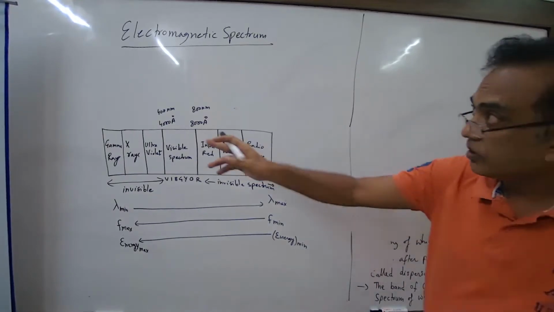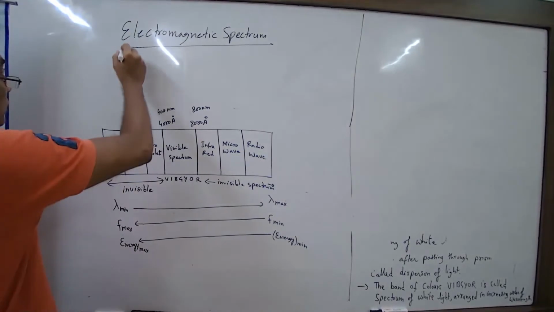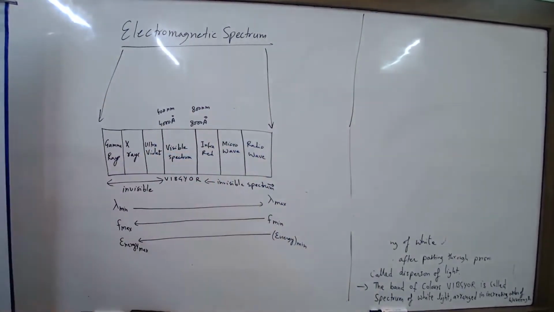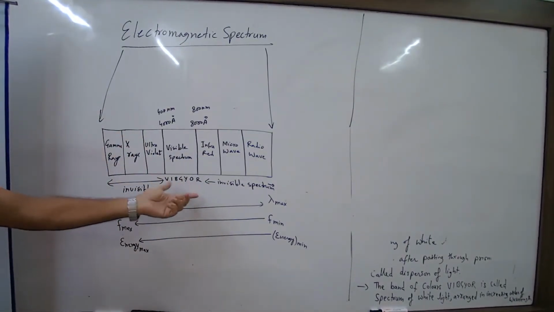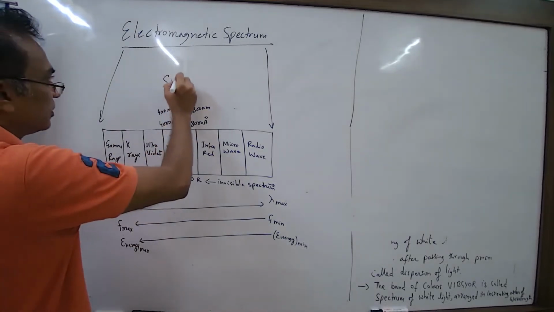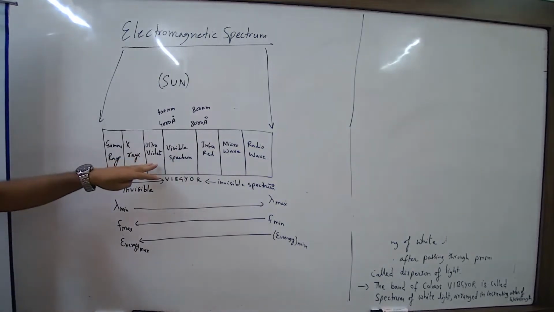Yes, this is the arrangement of the entire electromagnetic spectrum, from here to this one. The entire electromagnetic spectrum consists of the visible spectrum also. These are all the rays coming from the sun. So the sun's rays consist of all this.